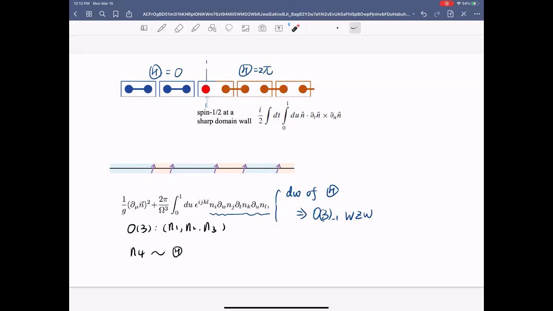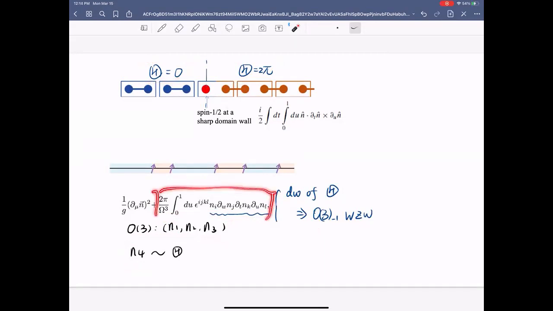Okay. So the field theory is actually an O4 level 1 Wess-Zumino-Witten term, where the first three components correspond to the spin rotation symmetry, and the fourth component corresponds to different patterns where we have spin entangled within the site or between the sites, that is, corresponding to the theta term, where theta is either 2 pi or 0.